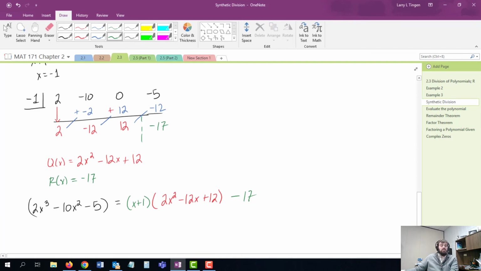So there is long division and synthetic division with multiple examples.